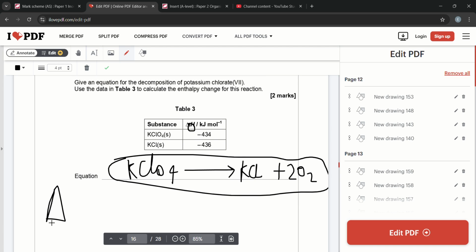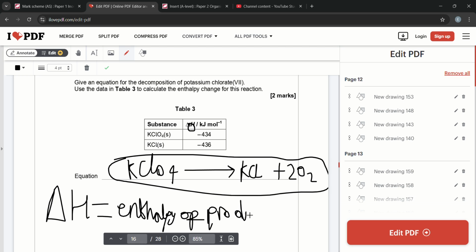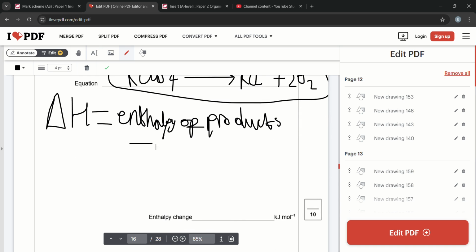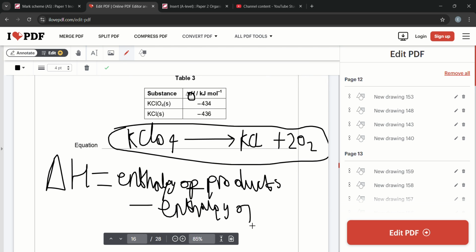Therefore, we're going to use the equation delta H equals enthalpy of products minus enthalpy of reactants, and that's really key, because if you use the other equation, you get the answer completely wrong and you lose a mark.